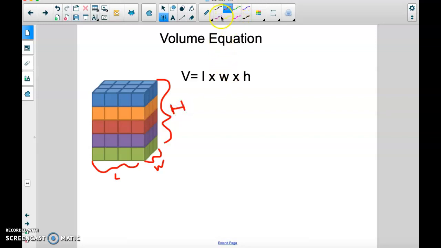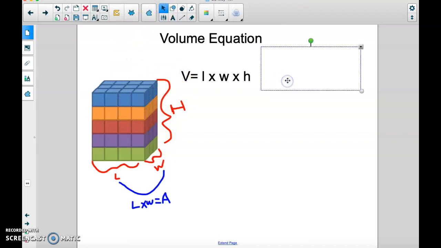Now, if we think about length and width, what equation do we use length times width in? Well, we use area, right? So we could do length times width times height, but if you think about the previous two ways you guys just solved this, a lot of you just took the amount in one layer, you took the area and multiplied it by the height, and multiplied it by the number of layers.